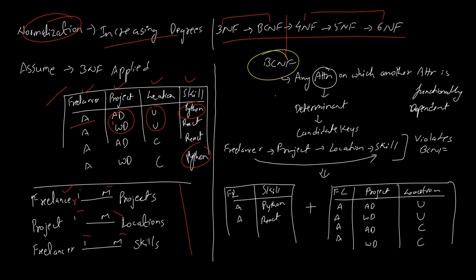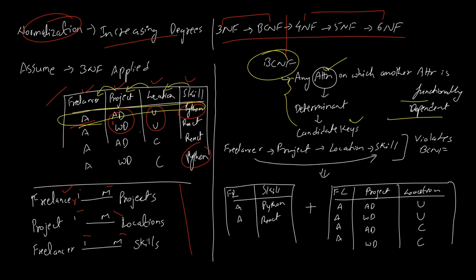Now the BCNF rule states that any attribute on which another attribute is functionally dependent should be a candidate key. For example, we know that project is dependent on freelancer, location is dependent on project, and skill is dependent on freelancer, because that's what we are trying to generalize over here, right?